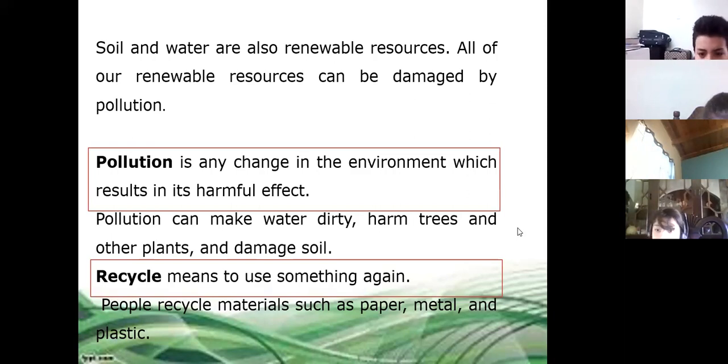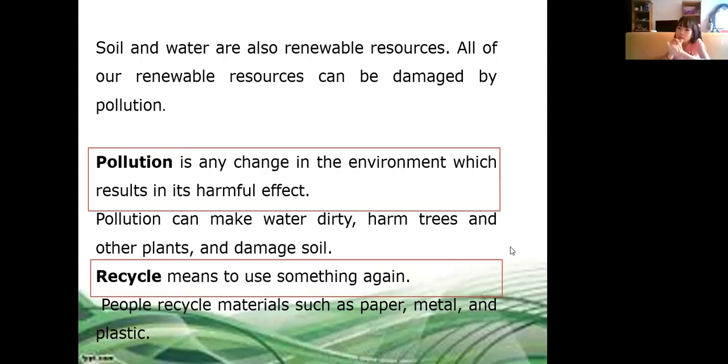So any change in the environment, that is pollution. It is damaging, it's harmful for the environment. So pollution can make water dirty, harm trees and other plants and damage soil because you find it everywhere. We can see it. Sometimes we cannot see the pollution, but sometimes we can see the pollution. It depends.